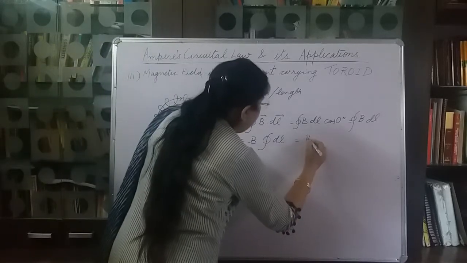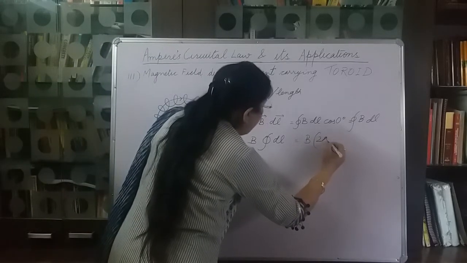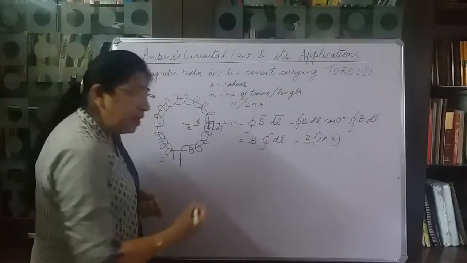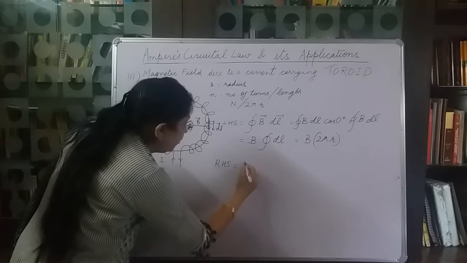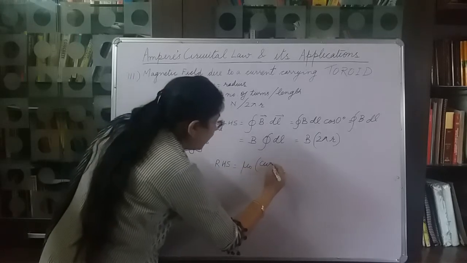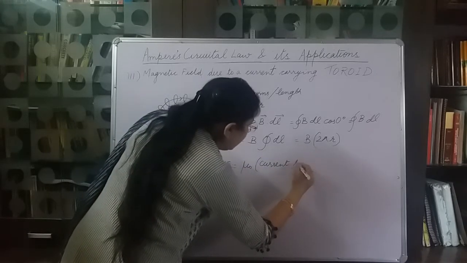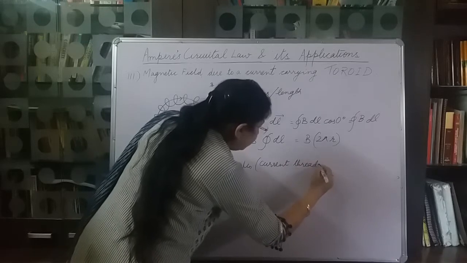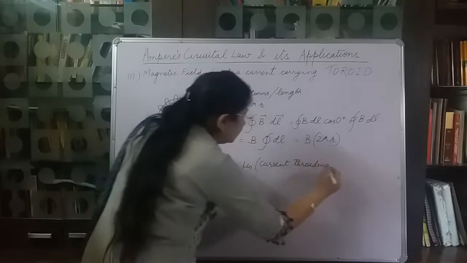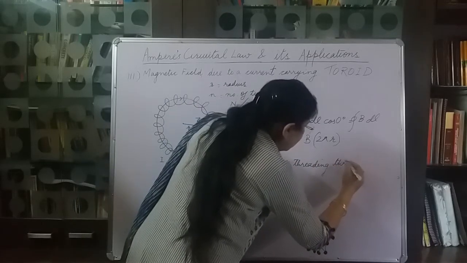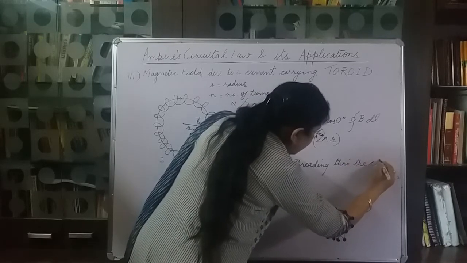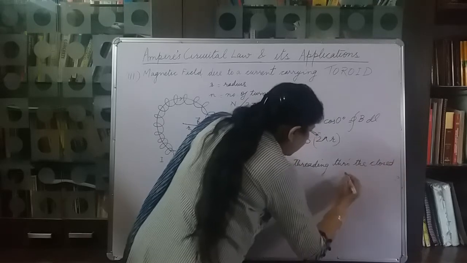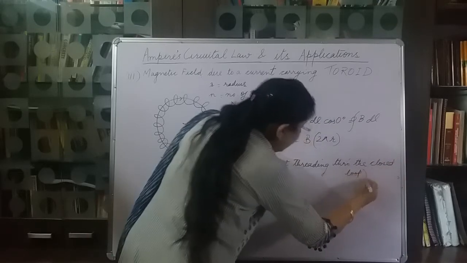So we can write B into 2 pi r. Let us see the right hand side. The right hand side is mu naught into the current threading through the closed loop, or through the Amperian loop.